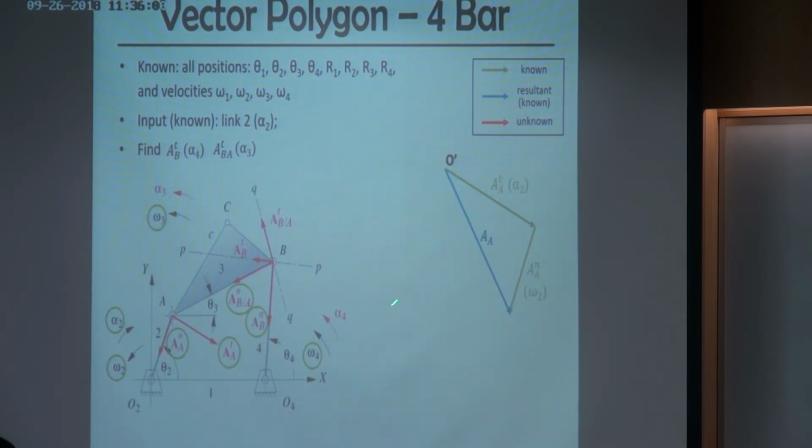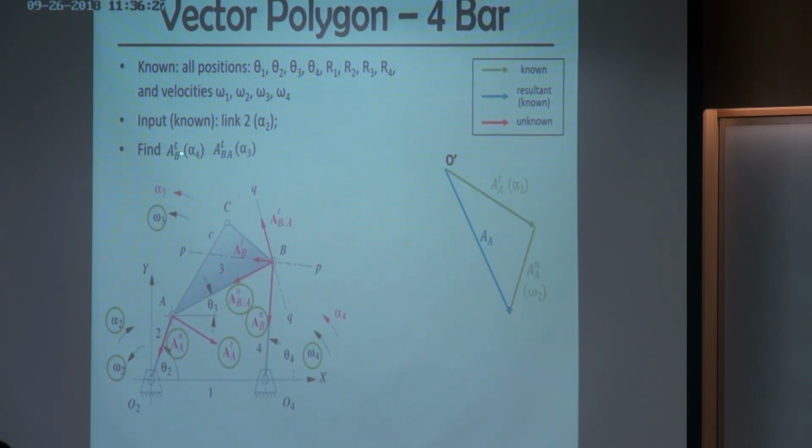And our goal is to find the acceleration of point B, the tangent component. So we'll still draw some lines and find their intersection, just like what we've done in the velocity analysis. But first we need to know what information we have so far.